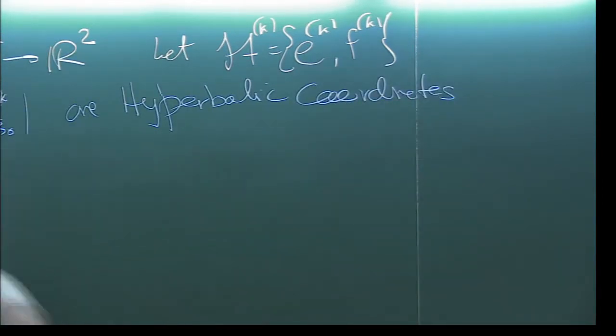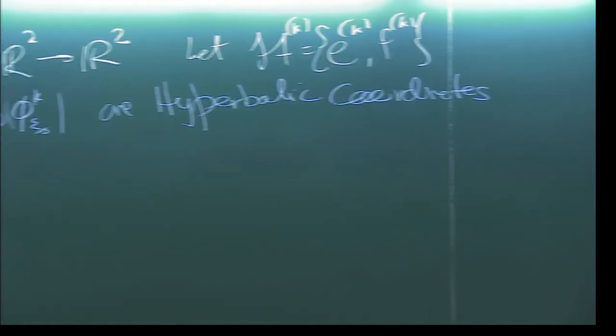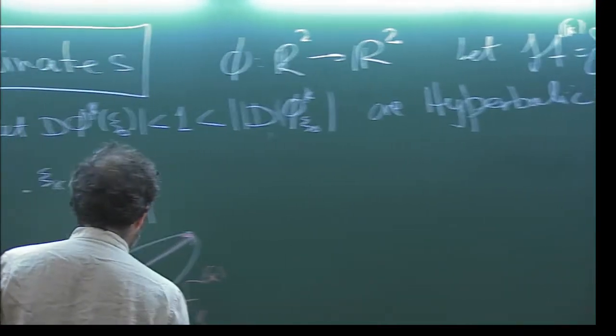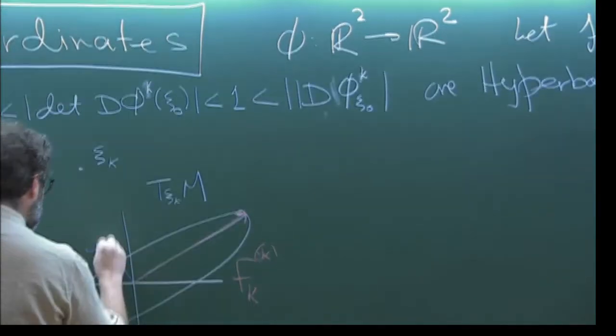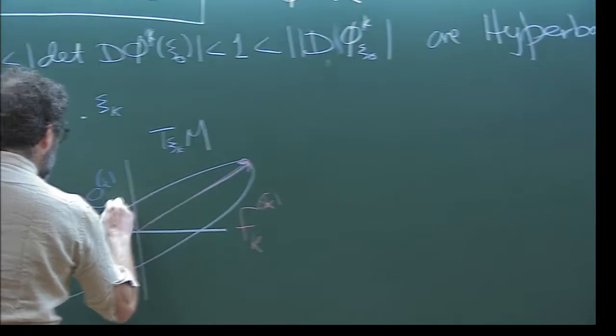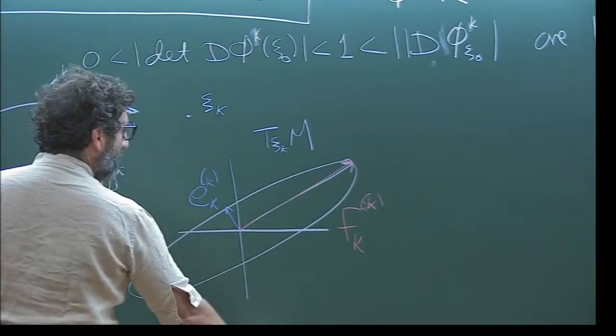And notice that if you write this derivative, first of all, let me also introduce some notation here. Let me write this vector here as F a k, and this vector here is E a k. It can be useful to write it like this.